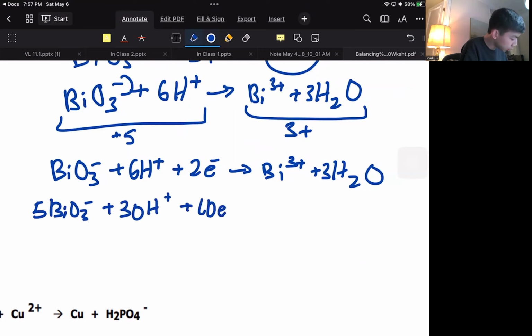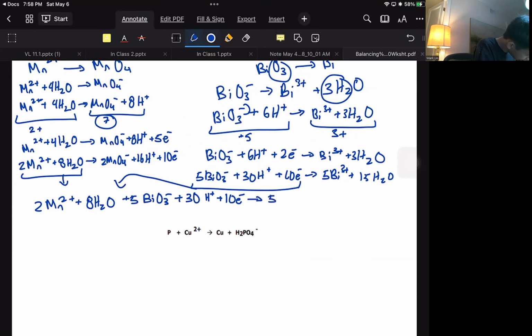All right, so 2 Mn2 plus 8 H2O. We're just bringing this side down. Now I need to bring this side and plug it in here. Plus 5 BiO3 minus plus 30 H plus 10 electrons.